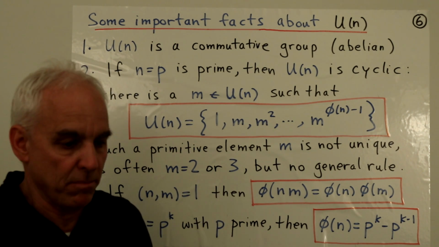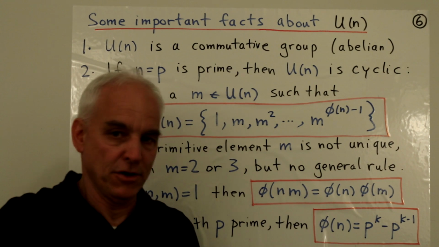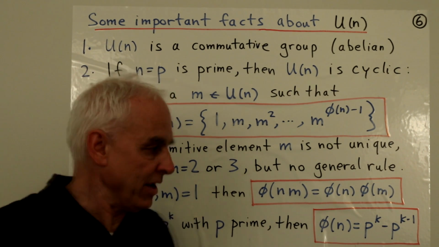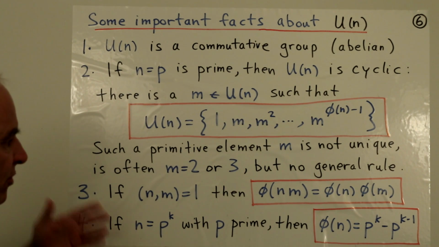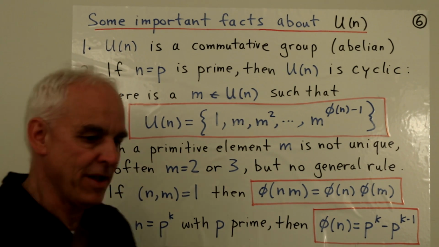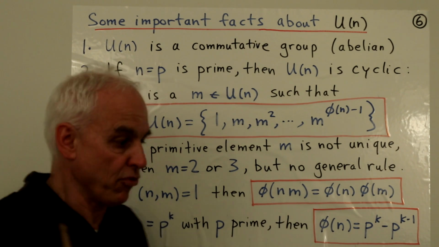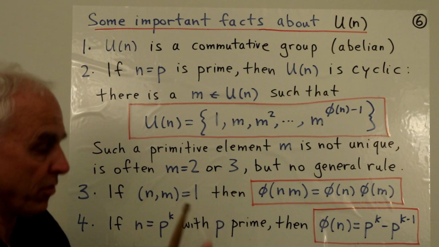So if you have a prime p and you want to know what is a primitive element, your best guess is m equals 2. And if that doesn't work, you can try m equals 3. But that doesn't always work, so there's no real good general rule that tells you what is a good primitive element for a given prime and a given unit group of a given prime.